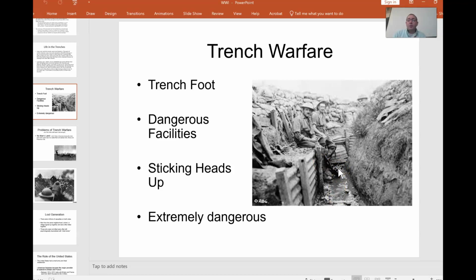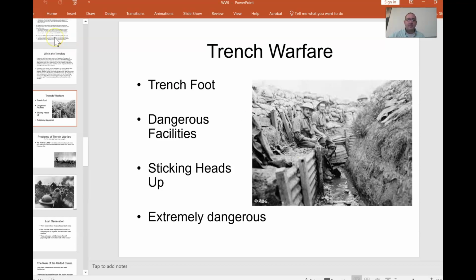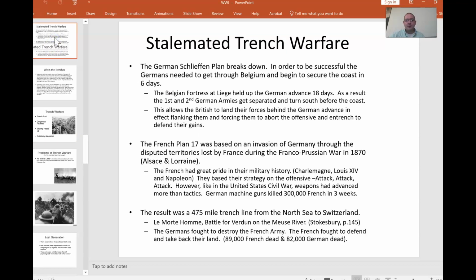This would cause something called trench foot, which was a really bad disease where basically your foot would begin to rot off your body. But the other piece to this is that there is a huge stalemate because of it, right? Because of the Schlieffen Plan, which is this German assault from Germany into Belgium and France. Once you have these trenches, there's no way you can really get across, right?